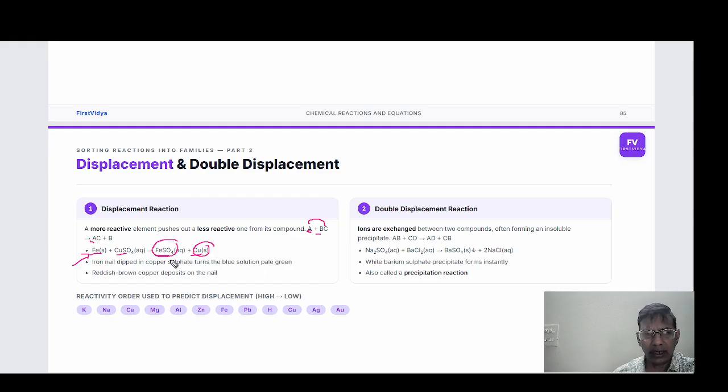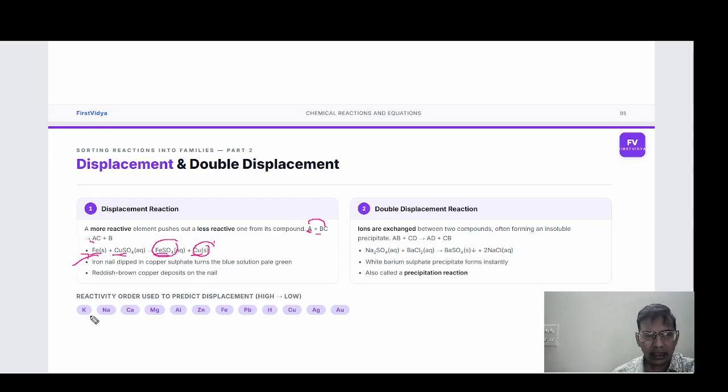So here this is the iron nail, and if we dip it inside the copper sulfate, it will create ferrous sulfate, and copper will be precipitated. Reddish brown copper deposit on the nail. So this is the copper, reddish brown copper will be coming out, right? So this is an example of the displacement reaction.